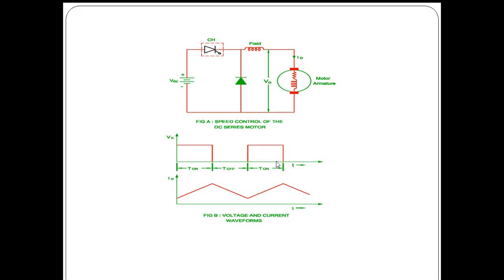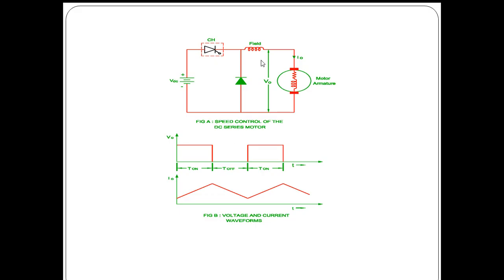So depending on the average value of this output voltage, accordingly the motor will rotate with the speed. Speed will be according to the average output voltage experienced from the chopper circuit.